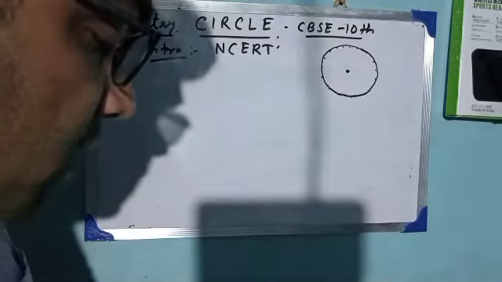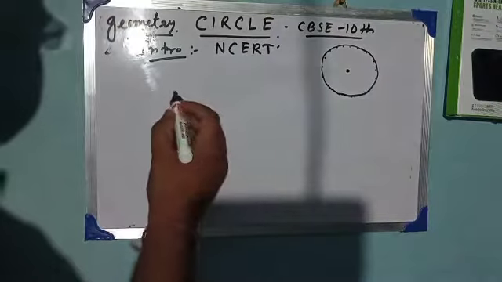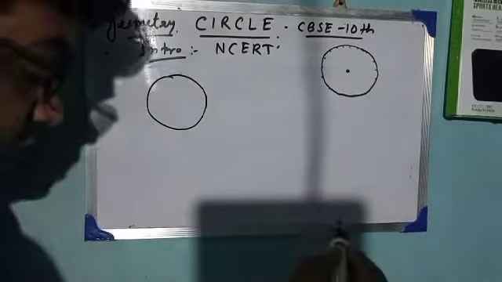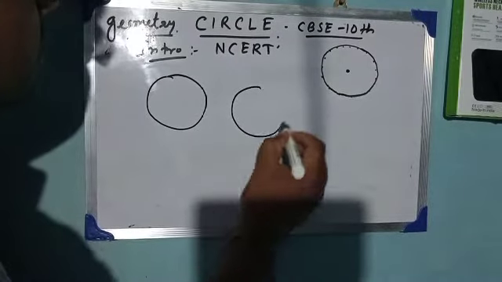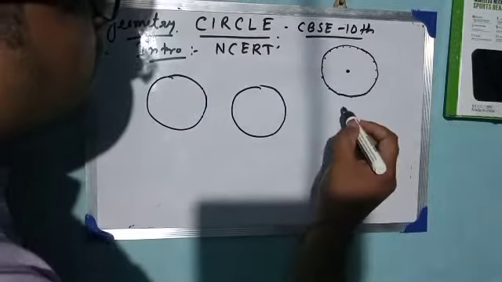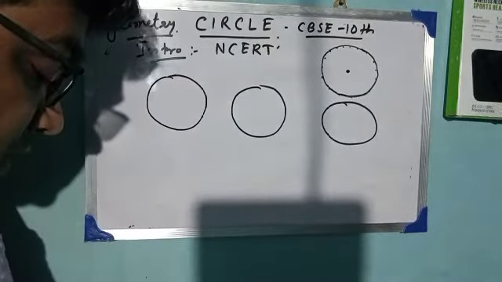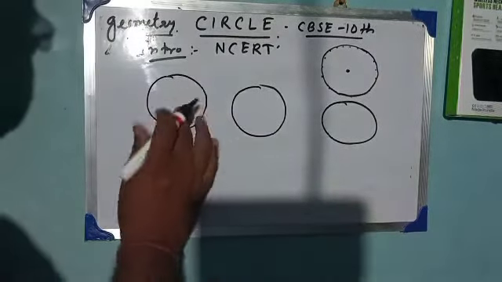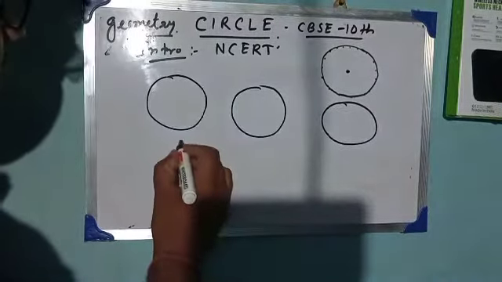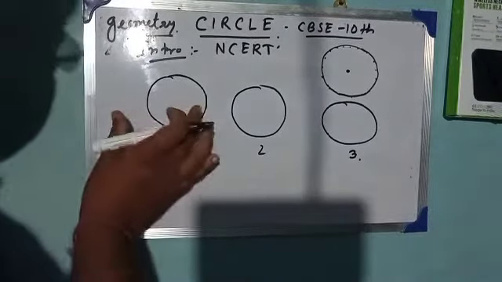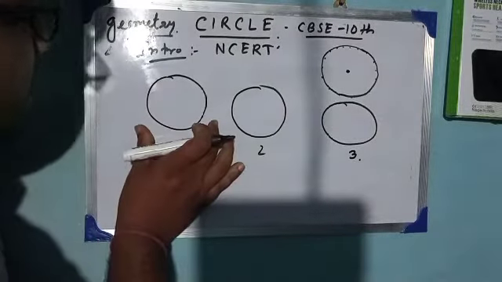The first one is a circle, the second one is also a circle, and the third one is also a circle. In the first one, it is showing that this is my circle.